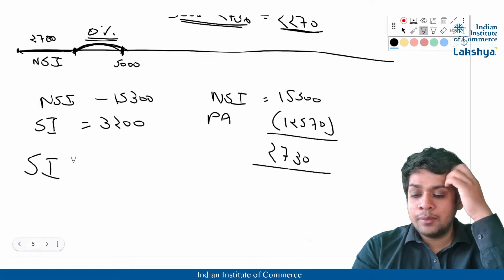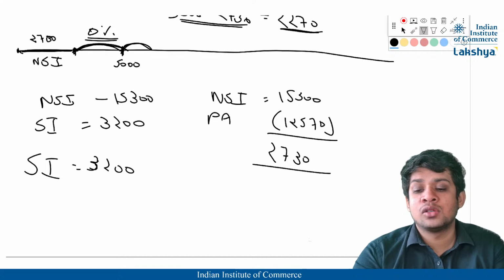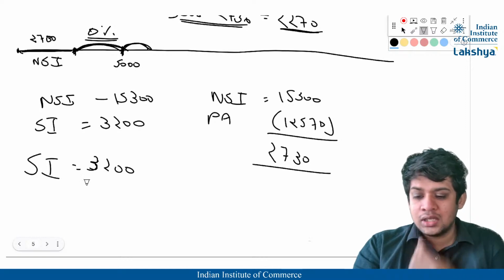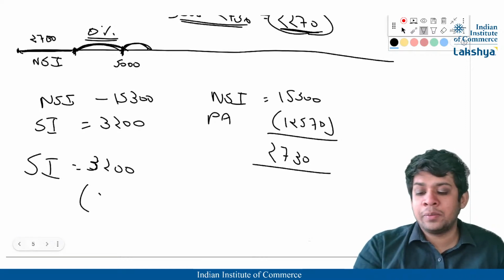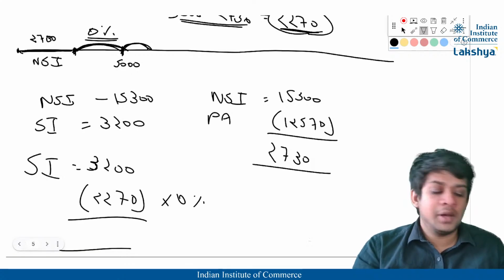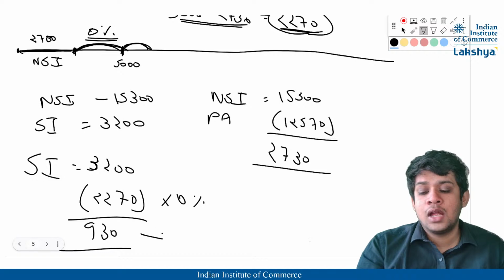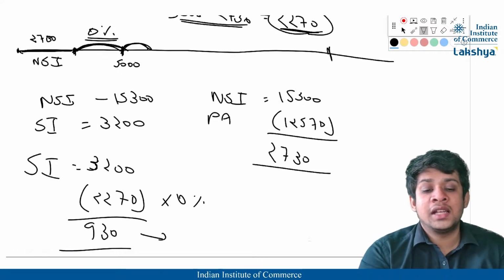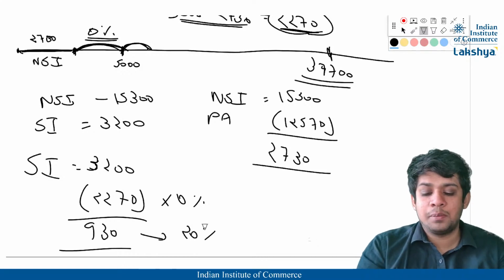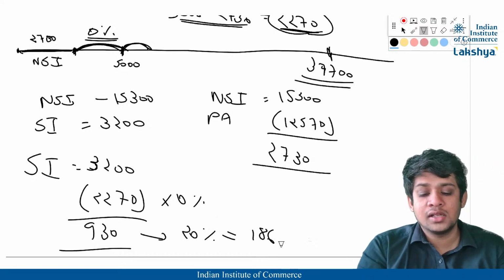But now my total savings income is 3,200, so it is exceeding the band somewhat. So on 2,270 there will be 0% tax. The remainder, 3,200 minus 2,270, is 930 of savings income on which I will be charged tax, and obviously it is within the basic rate band of 37,700, so it will be charged at 20%. 930 into 20% gives me 186.